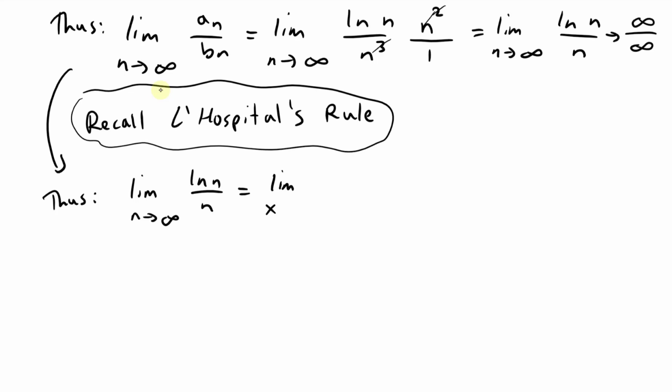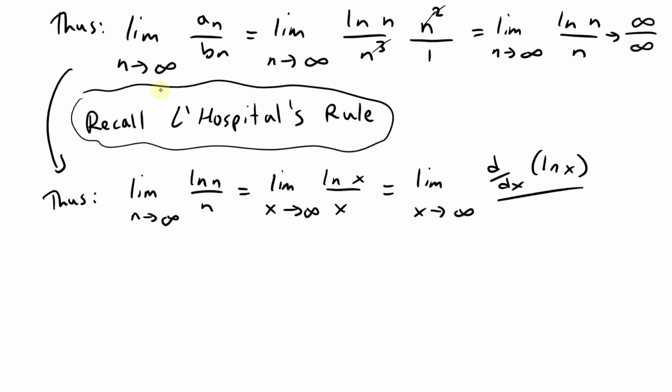So we do ln x over x as x approaches infinity, which equals the limit as x approaches infinity of d over dx of ln x over d over dx of x.